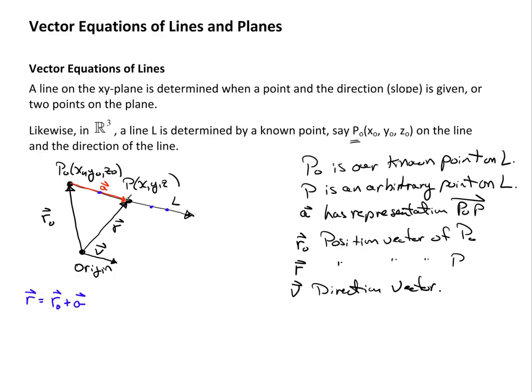I add to it vector A, and now I am at vector R, or that's equivalent to vector R.